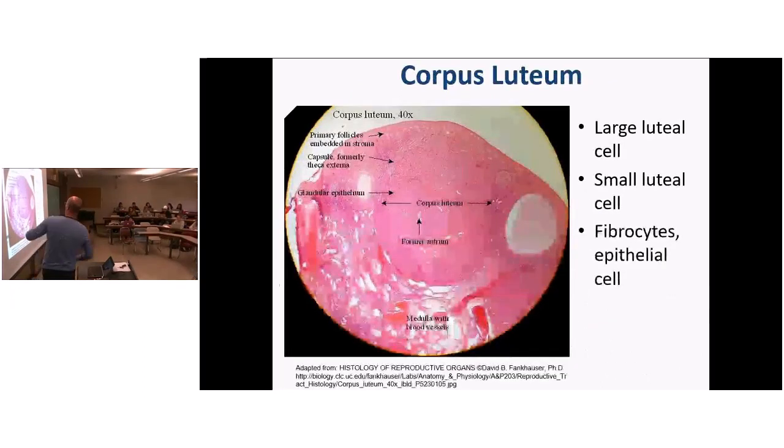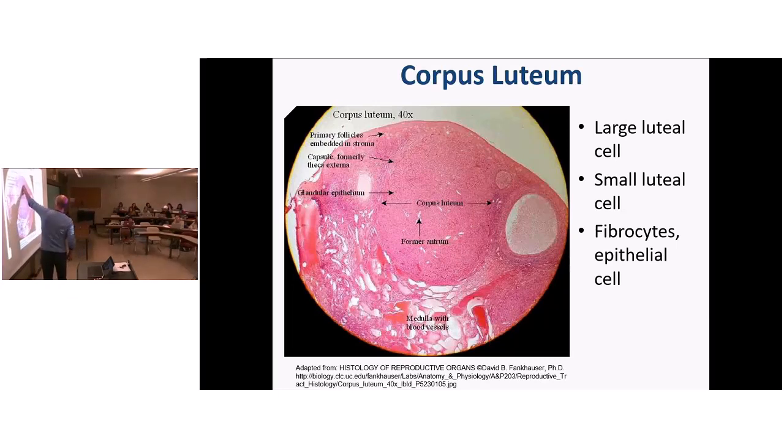So this is a cross section of a corpus luteum. This is the rest of the, you know, some of the ovary structures. This is the medulla. Sometimes you can have little vessels or little follicles, but basically you have this structure in the middle here. It's very yellowish. When you see in lab, you're going to see a few of these corpus luteum. It's like a big ball.